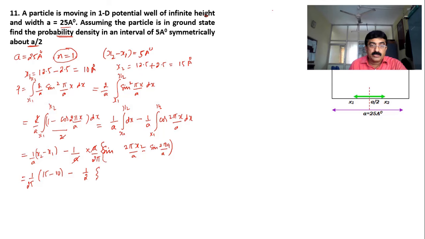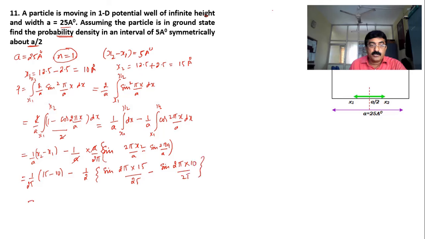1 by 2 into sine of 2 pi x2 by a is 15, a is 25, minus sine of 2 pi x1 is 10, divided by 25.